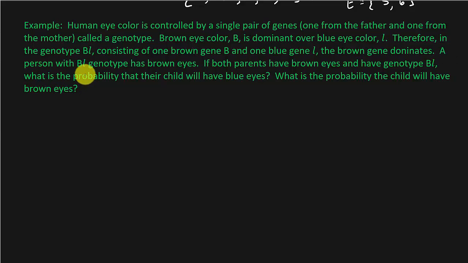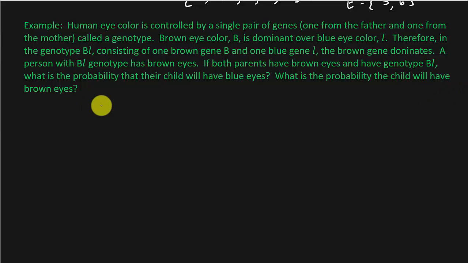A person with BL genotype has brown eyes. If both parents have brown eyes and have genotype BL, what is the probability that their child will have blue eyes? What is the probability the child will have brown eyes?